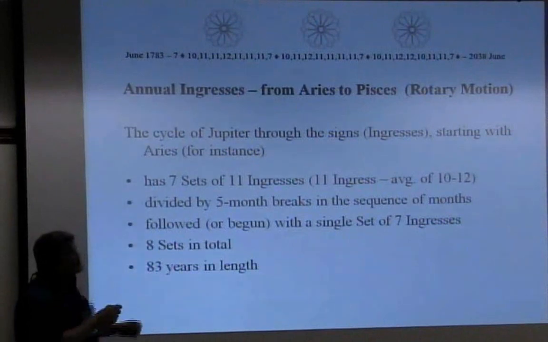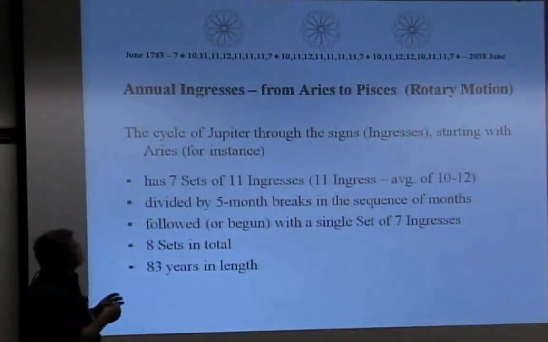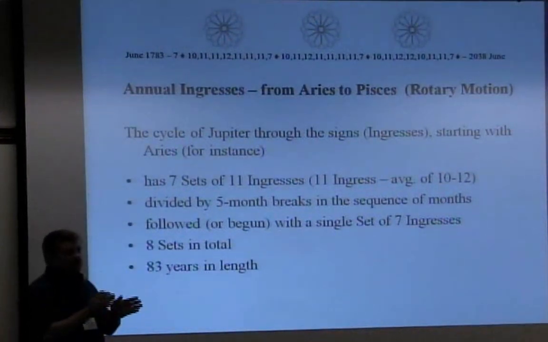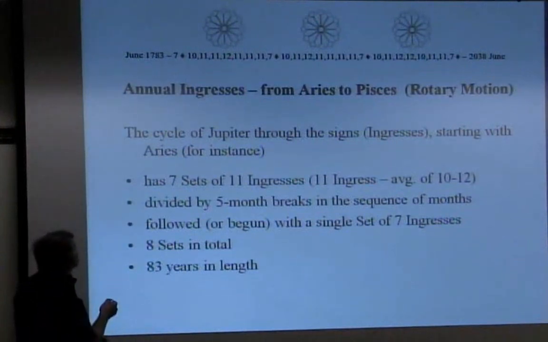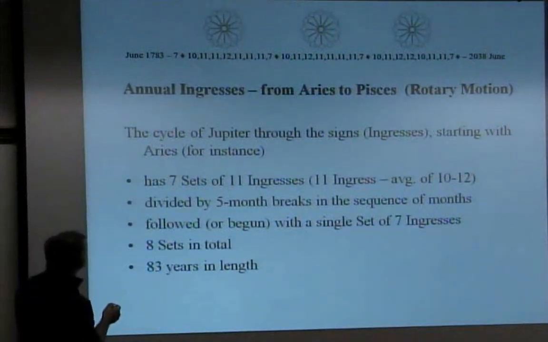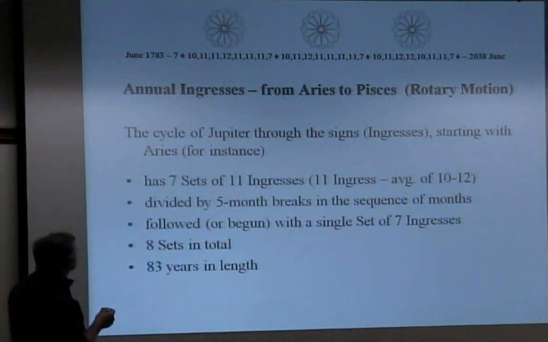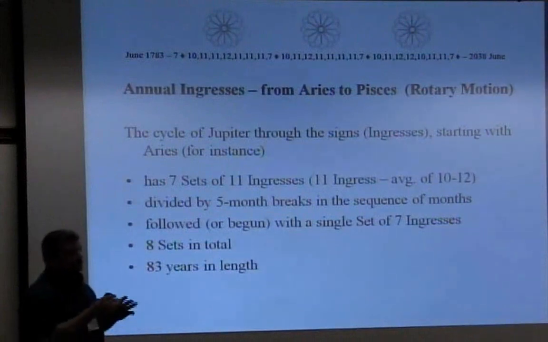The ingresses are basically month by month, until all of a sudden, after 7 of these cycles, you have a break of 5 months. Then you go to a series of 11 cycles, basically, on average. You can see a 10 and a 12 there, but basically it's 11 years. Every 11 years, you have another 5-month break.